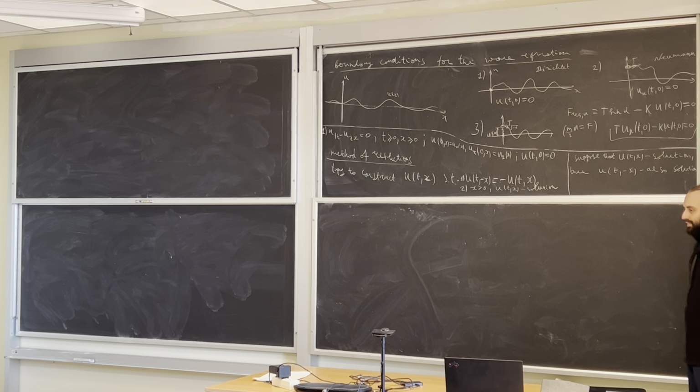And here, by definition, u of t and x is minus u of t minus x.